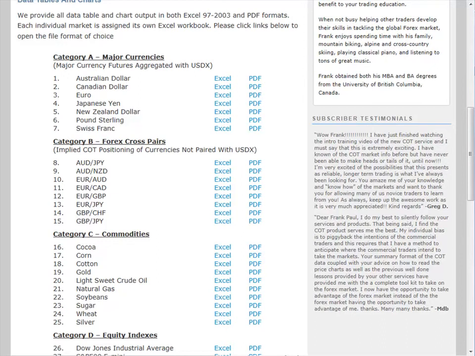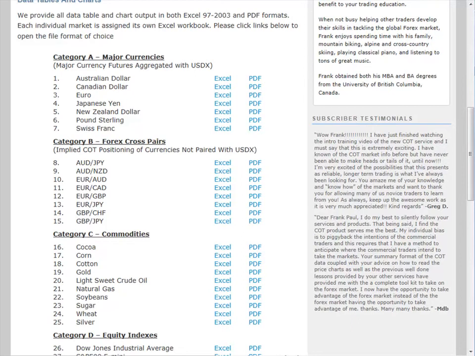Okay, so in other words, we don't just look at COT net positions with respect to the Australian dollar. We aggregate it together with net positions on the US dollar. Our approach is that it's never enough when you're talking about currencies just to look at one currency only.